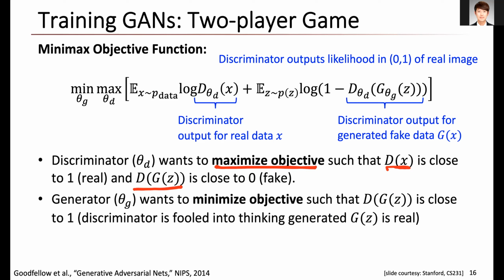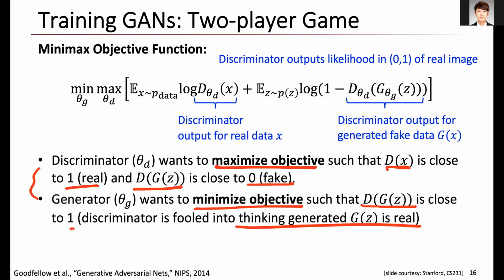And the generator with theta g wants to minimize the objective such that D of G of z is close to 1, where the discriminator is fooled into thinking the generated G of z is real. This is the objective of GAN training.